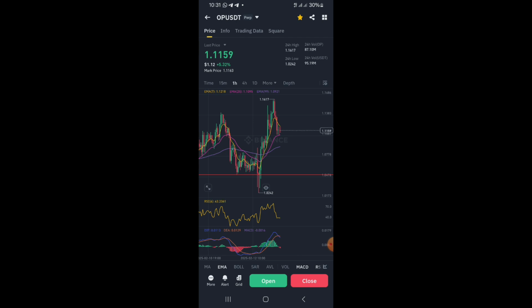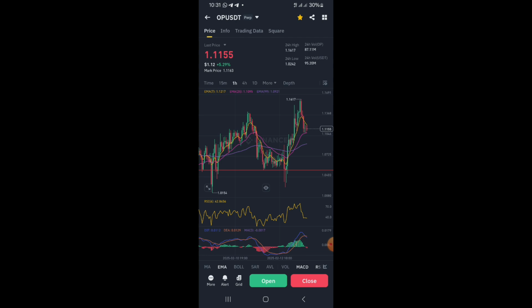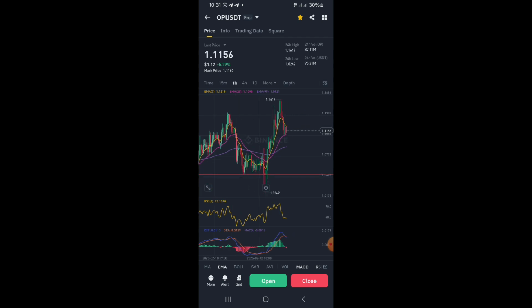But firstly, I won't advise you to use only one technical analysis, only one indicator, to enter a trade. So let's come to RSI, which we call the Relative Strength Index. This is RSI. RSI is calculated based on overbought and oversold. Well, what is overbought?